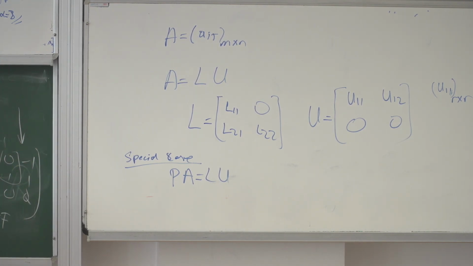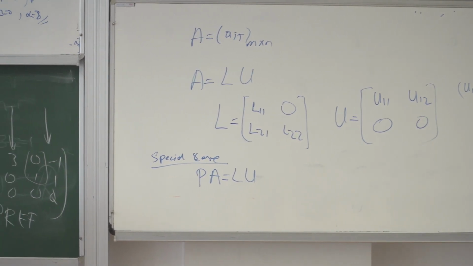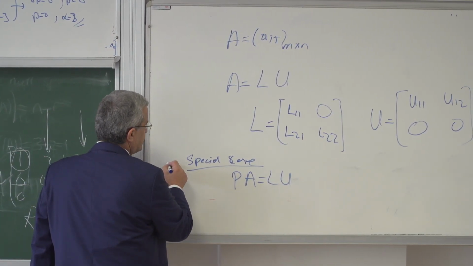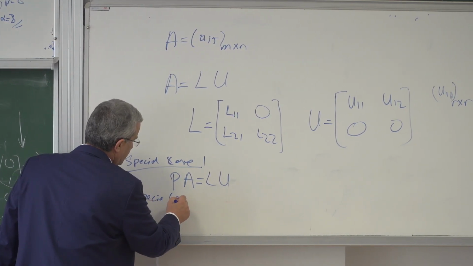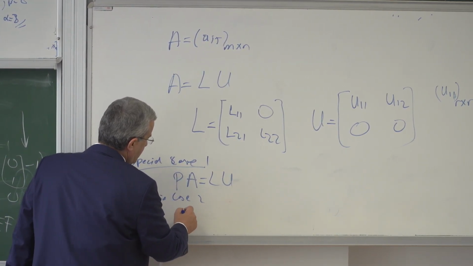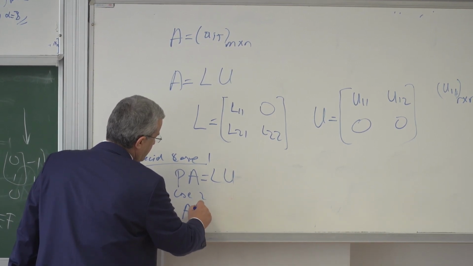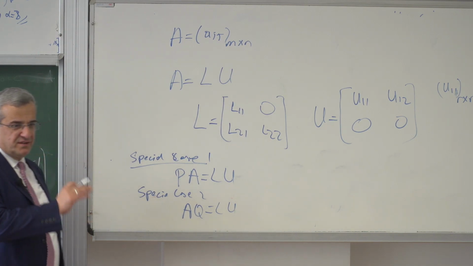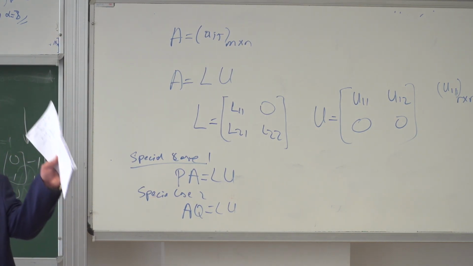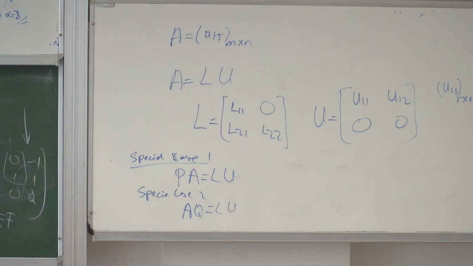So what do we do in that case? That is our second special case. Special case 2 is you might have to multiply A by a Q, okay? These are the special cases. I will give you a handout. I analyzed all those things here, okay?